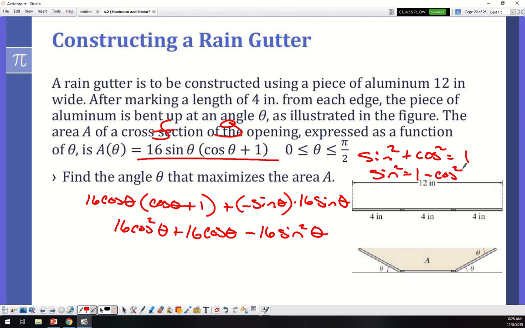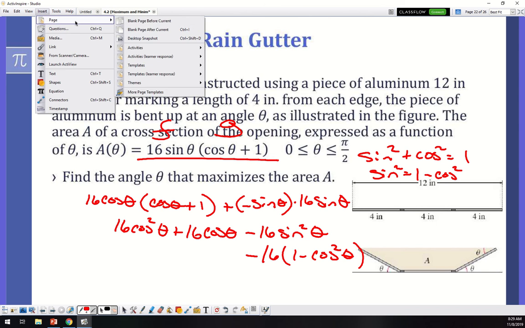It's whatever my theta would be. They always got to be the same. So change this out to a negative 16 parentheses 1 minus cosine squared theta. Yes? Okay. I'm going to need some more whiteboard for this, so someone help me copy this down.